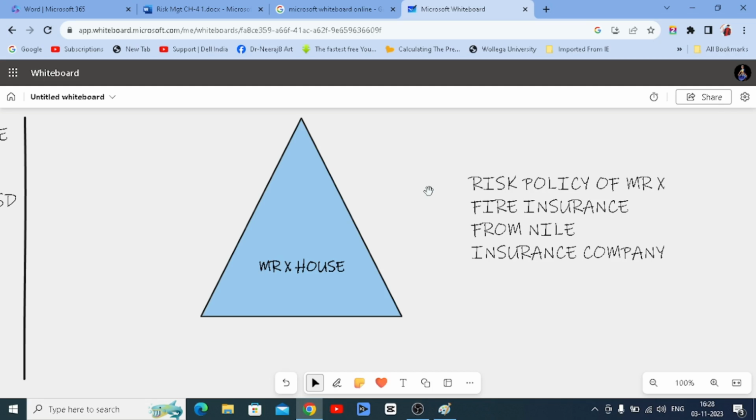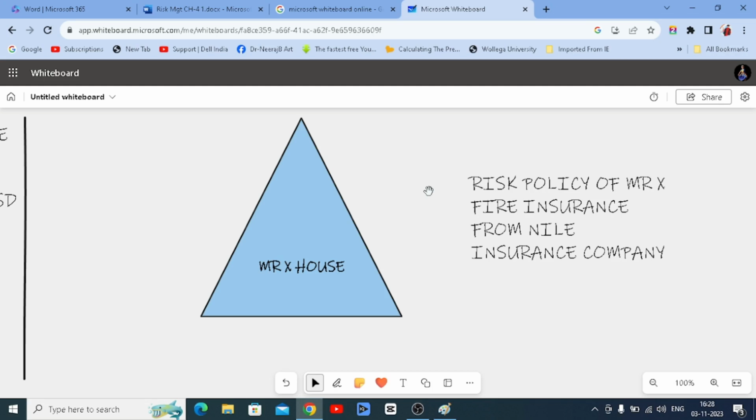The first rule is, only if the peril is covered. What is a peril? Earthquake and fire in this case are perils. First of all you have to identify the perils, and the peril which caused the loss should be insured in the policy.